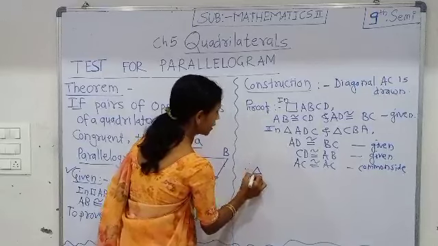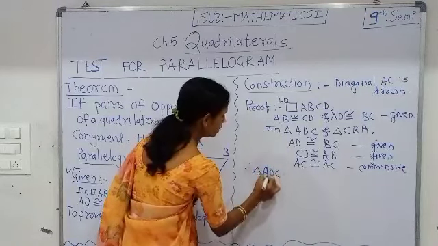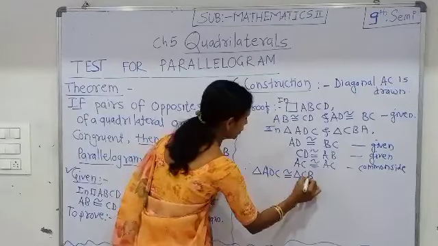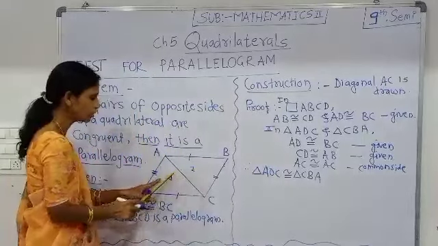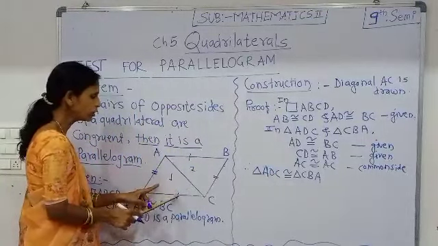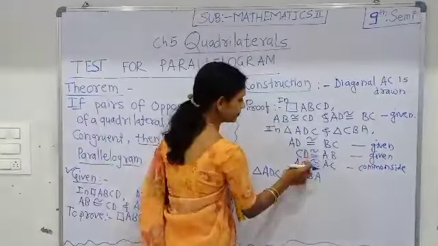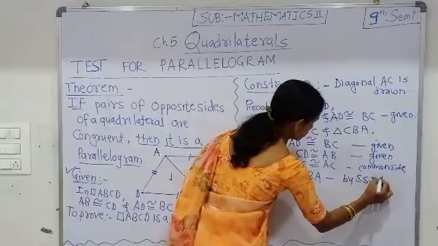Therefore, triangle ADC is congruent to triangle CBA. Those both triangles are congruent by the SSS test.